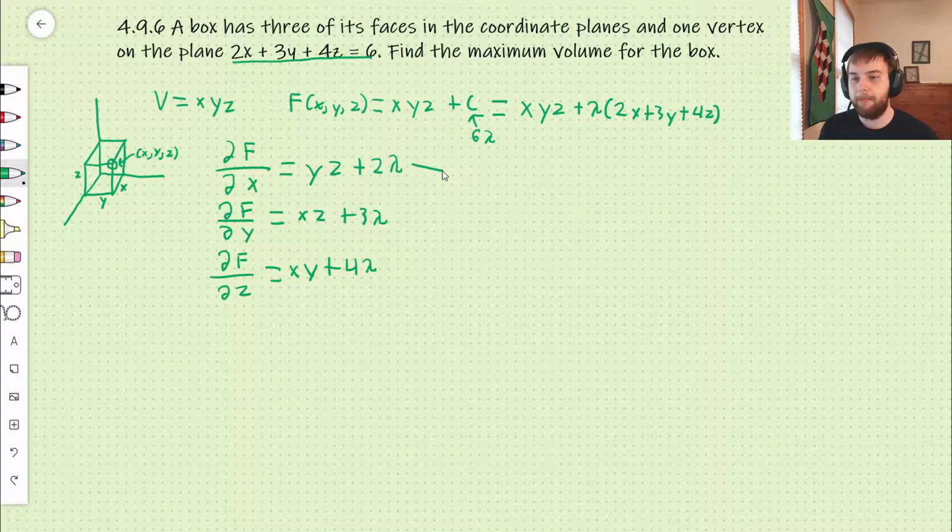And we're going to multiply these all by their respective coordinate. Well, okay, before we do that, we can do that because we are setting these all equal to 0 to find where the maximum point is. Since one side is 0, we can multiply the other side by whatever we want as long as we do it correctly.